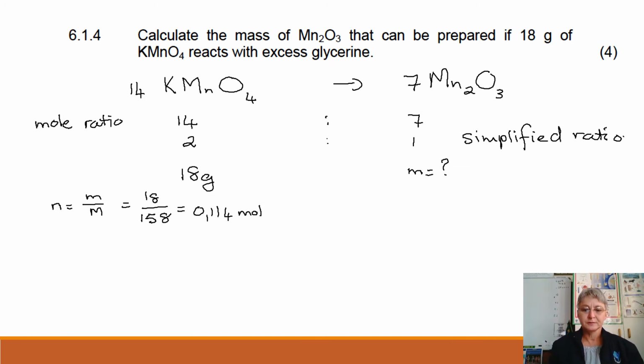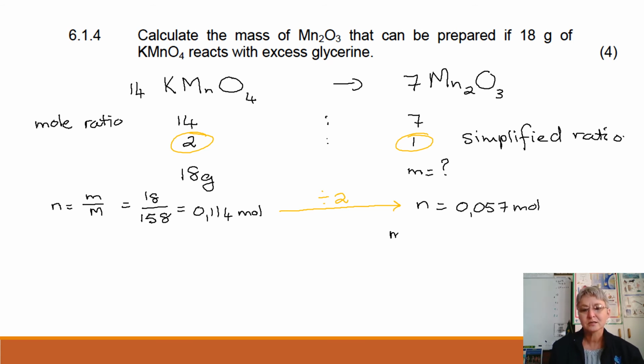So the mole ratio is 2 to 1. So to get the moles of Mn2O3 formed, I need to divide this number by 2. So we divide 0.114 by 2, and we get 0.057 moles.